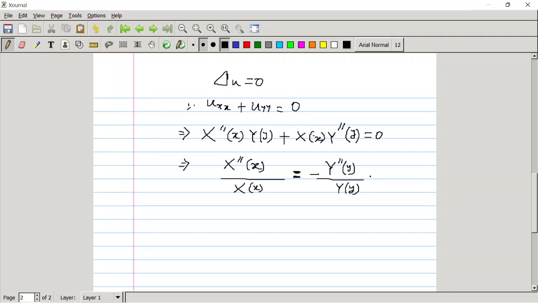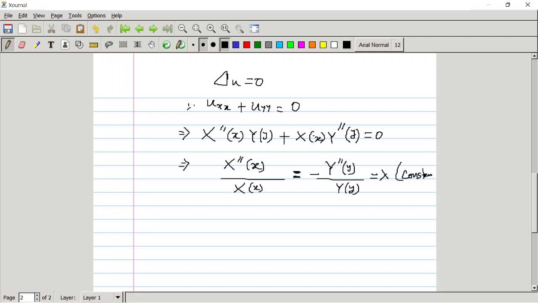No, not minus one. These are constant, because yes, sir, constant. Constant, I take as lambda. Lambda is a constant.